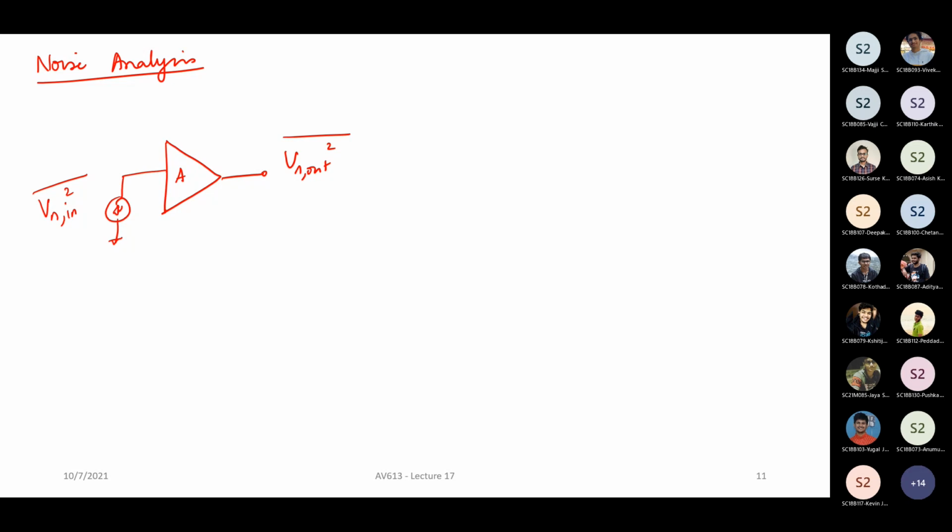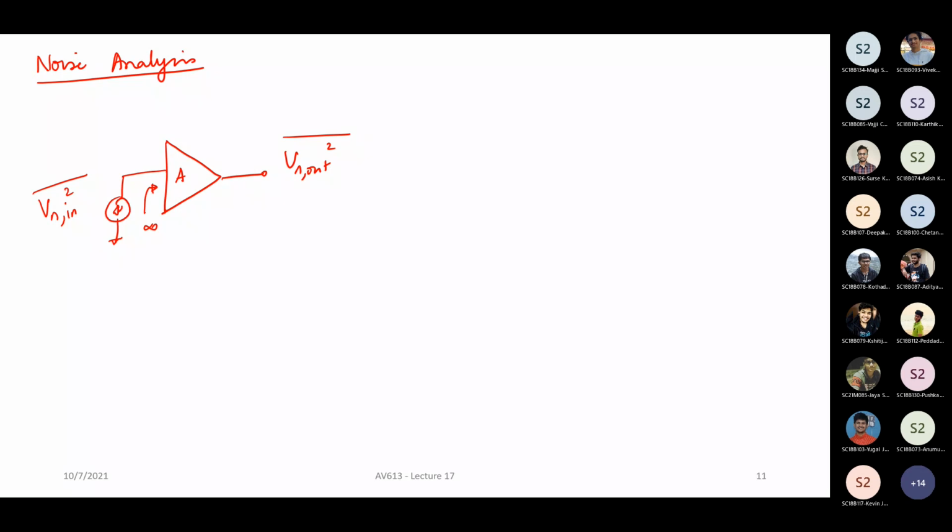This is the representation that we used for a common source amplifier. This is valid for a common source amplifier because the input impedance is quite high, at least for the low frequency analog circuits that we are looking at right now. If you are not looking at RF frequencies and you are only looking at normal low frequency analog applications, this is more than sufficient, because the input impedance is almost infinite.